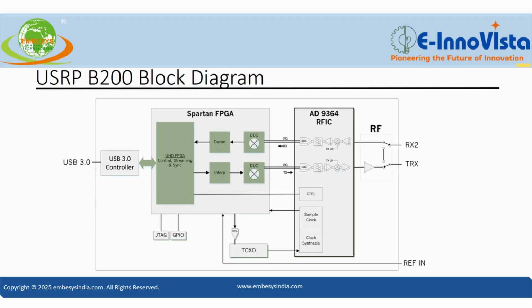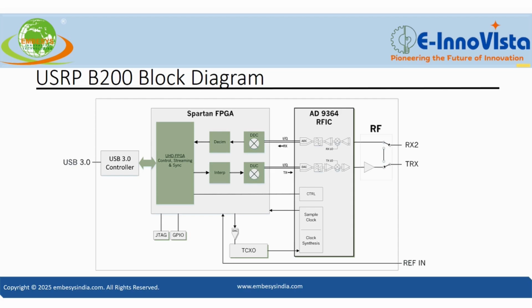First, let's explain the block diagram, what is inside the USRP B210 or B200. Basically, the USRP B200 has two main components. One is the Spartan 6 FPGA device, which we use to control streaming and synchronization, and which is also connected to the DDC and DUC converters. The second part is the Analog Devices component, the AD9364 RFIC, which is directly connected to the RF front end, the TRX or RX2.